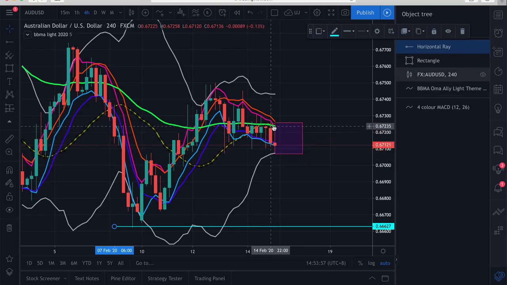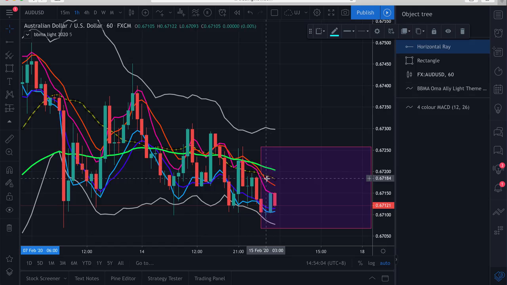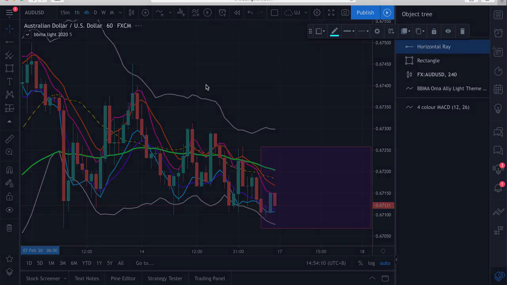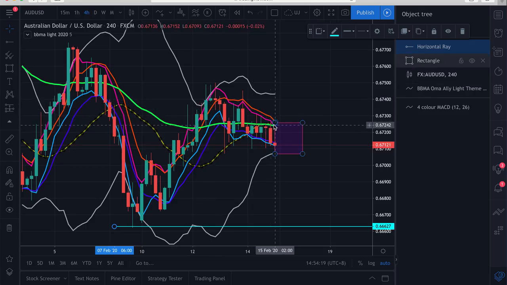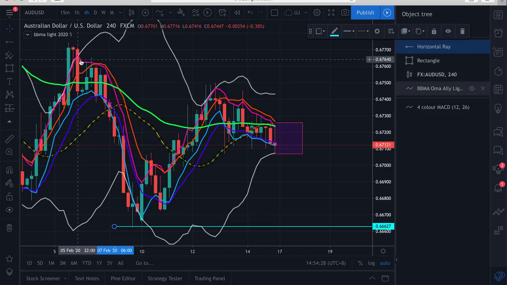So for us, this is our buy zone for AUD USD, and to confirm the upward movement, we can wait for a CSM buy here. However, for me, I think this is already a valid buy setup, because we already have a CSM buy here. Okay, so this is the buy zone from the mid BB and EMA 50 all the way to the low BB on H4. Okay, so AUD USD buy.